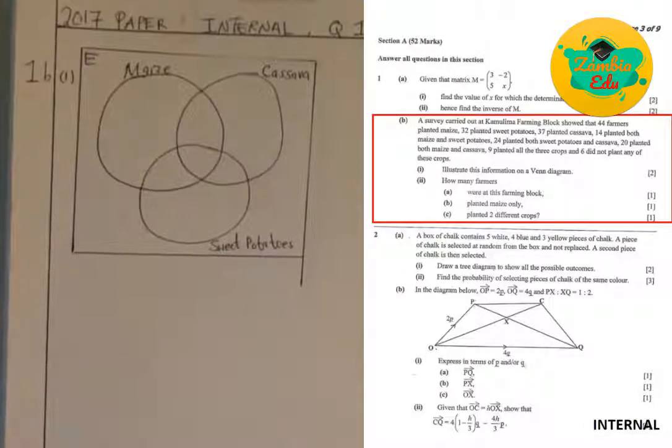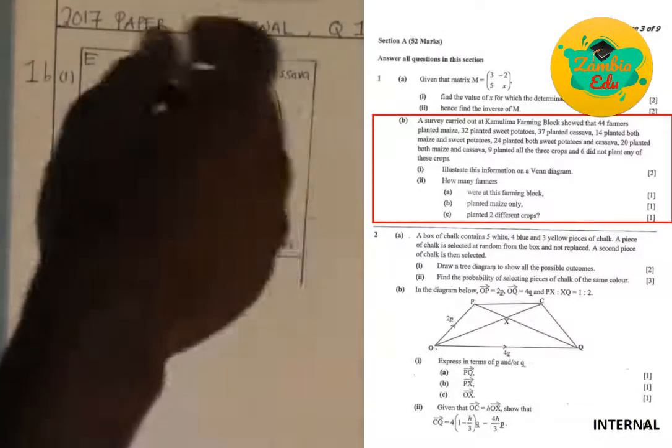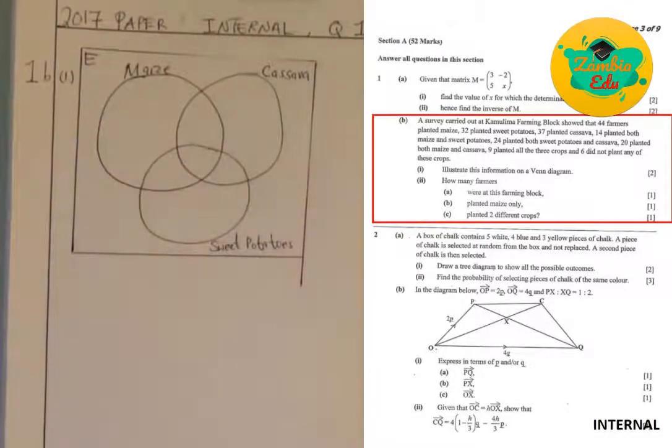We have been told that the survey was carried out at this farm block and 44 farmers had planted maize. No, that's not right, it's a mistake.